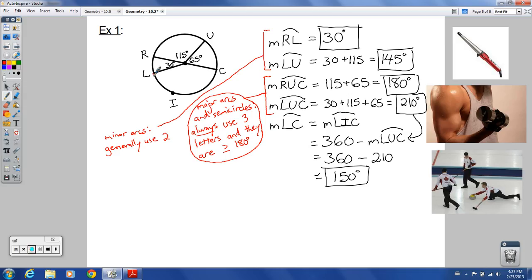You have to look at the picture and go from L through that point to the other point. So generally use 2 letters, and I'll underline that. Minor arcs are less than 180 degrees, not less than or equal to. Equal to is a semicircle.